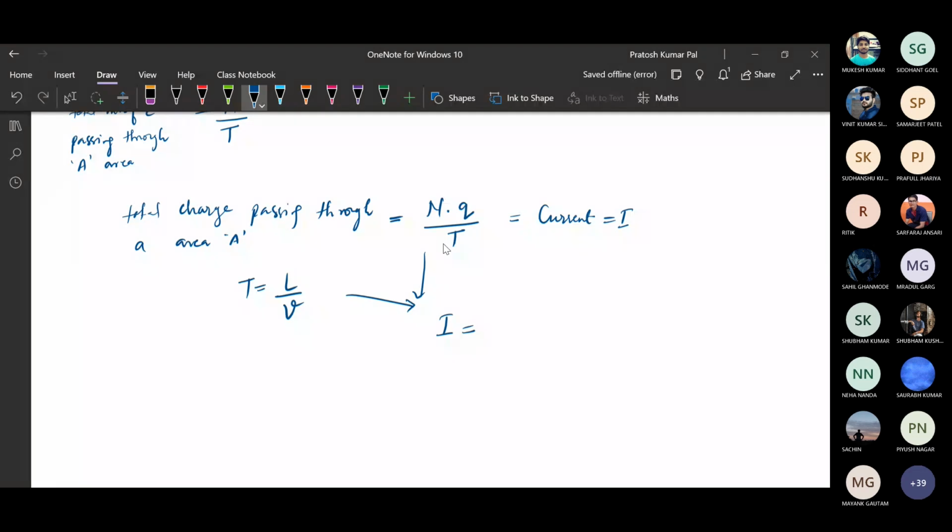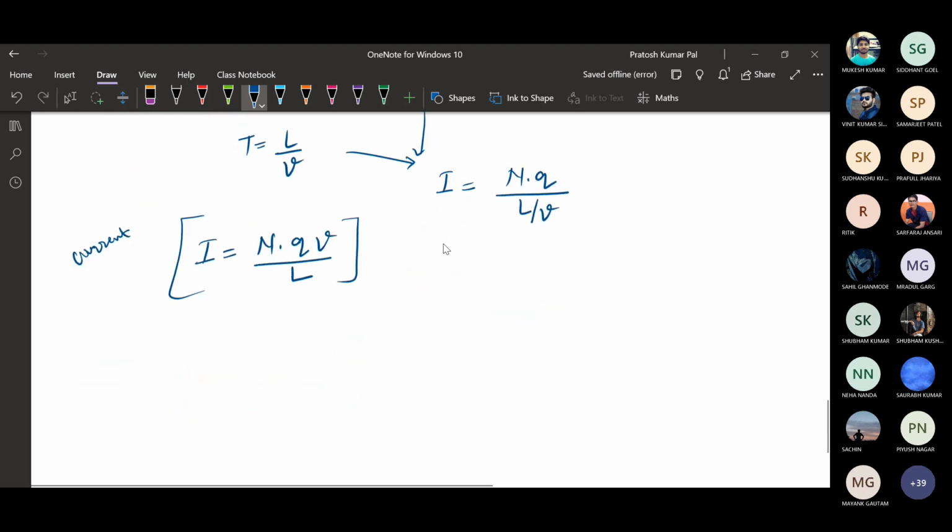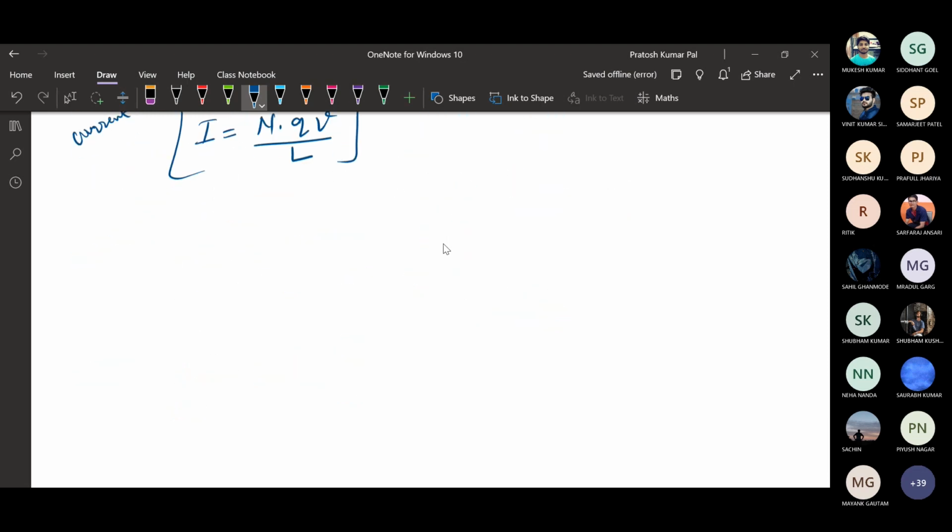The current will be given like n into q divided by L by V. So here current can be given like n into q V divided by L. Okay, so this is current, and we need to find out the current density basically.